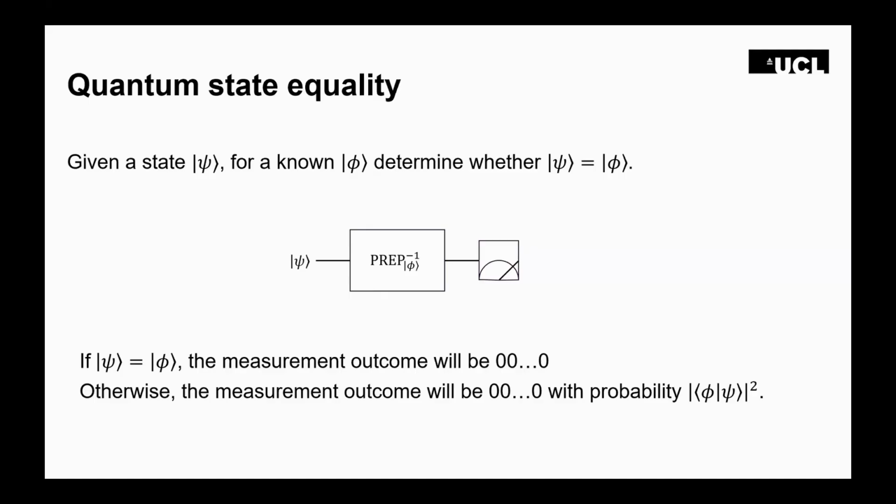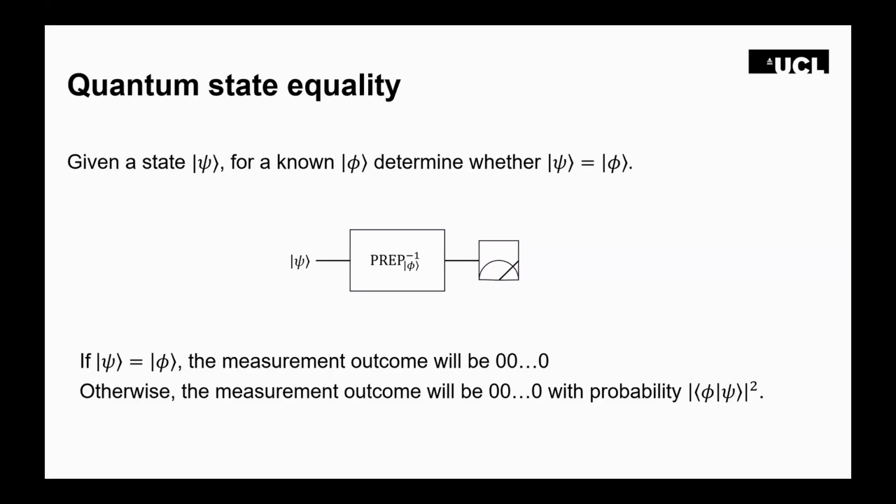If the states are equal, the equality check will always tell you that they're equal. But if the states are different, then it might fail because quantum measurements have this randomness. The probability with which it fails depends on the inner product of the two states. So we have some sort of notion of equality between quantum states.